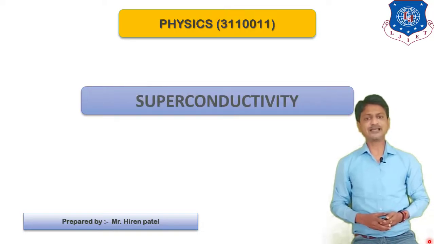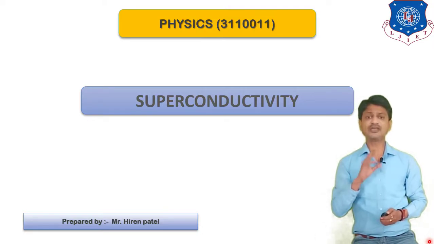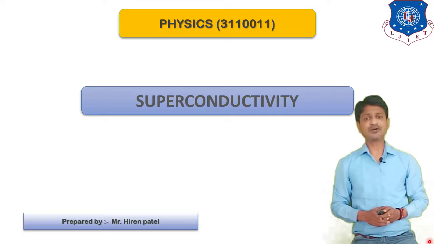So, in this chapter of superconductivity, we have discussed properties of superconductor, Meissner effect, BCS theory. It is also known as mechanism of superconductivity, and also we have discussed the types of superconductor and penetration depth.